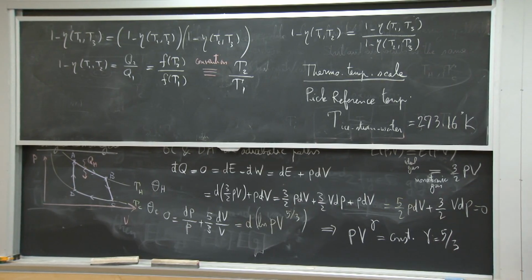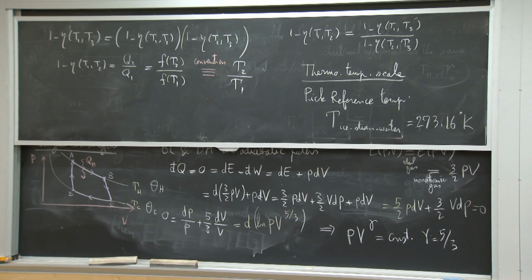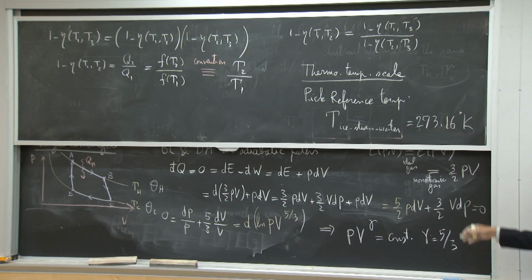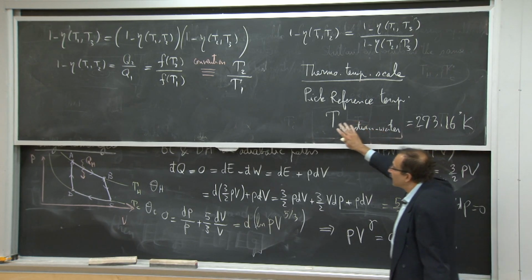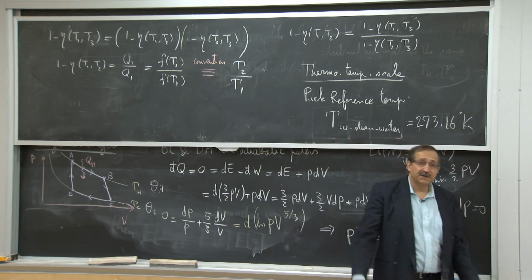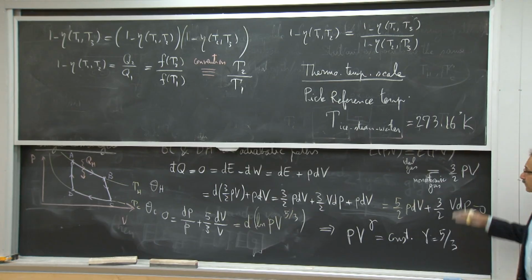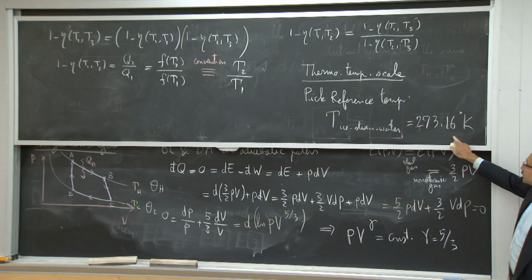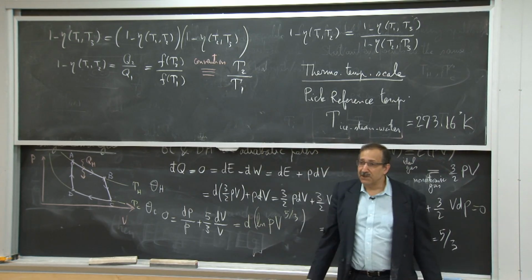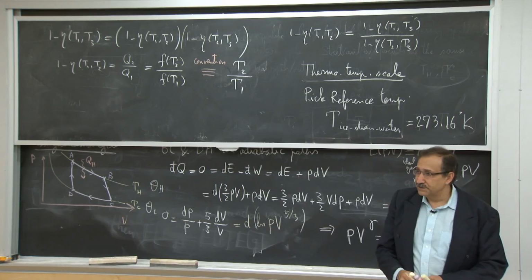Nowhere in the process have I given you a number for what theta h and theta c is up to this point. And at this point, I define the efficiency, which I have established is only a function of the empirical temperature operating between two isotherms, and through this definition I give an actual numerical value. So that's fine.